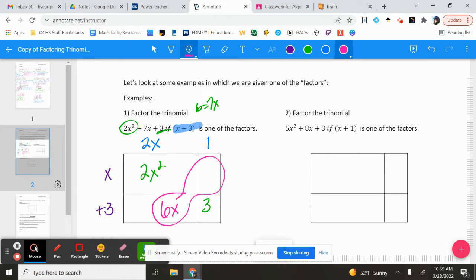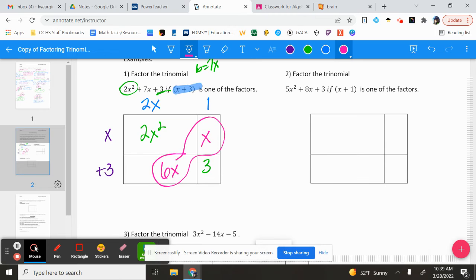And so I know that 1 times 3 is 3, and 1 times x gives me x. And then I can go back and check to make sure this is right. 6x plus 1x does indeed equal 7x. So if they've told me that this was one of my factors, x plus 3, now that I know that my other factor that I need to multiply by is 2x plus 1.